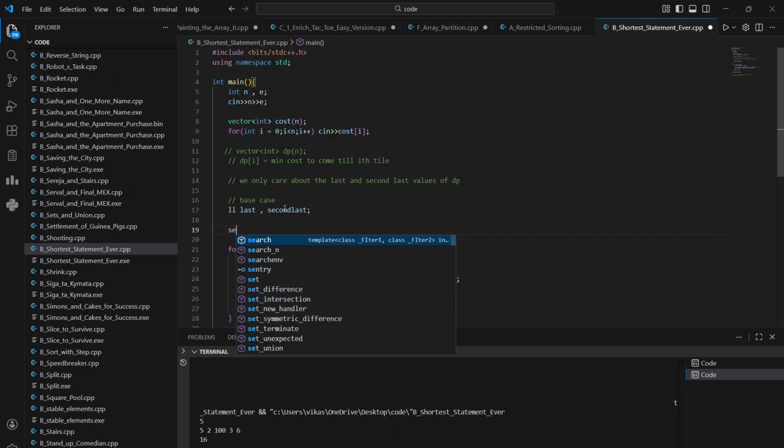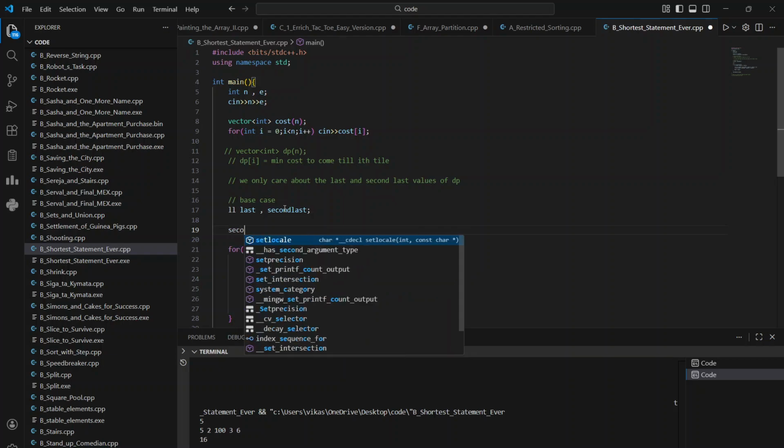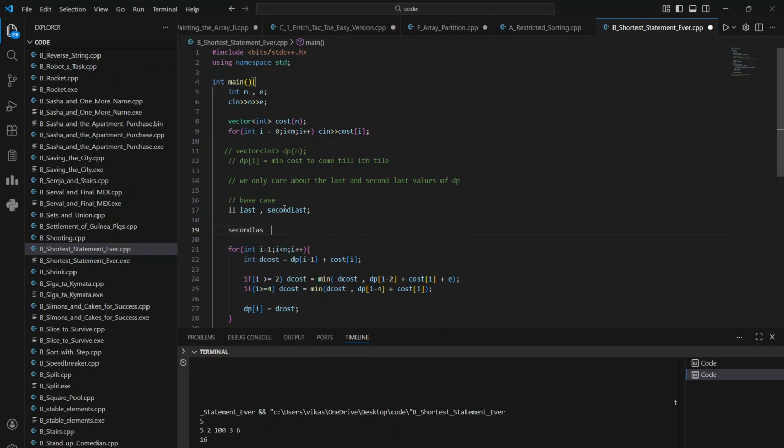Now let's say that you are just at the dp of 2. So second last is, no, second last is going to be, what is it going to be, okay, just a second, I have to think.